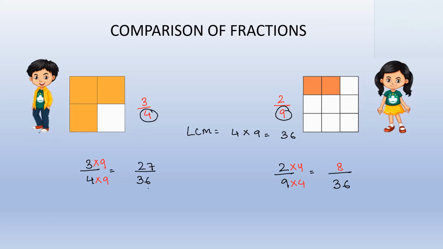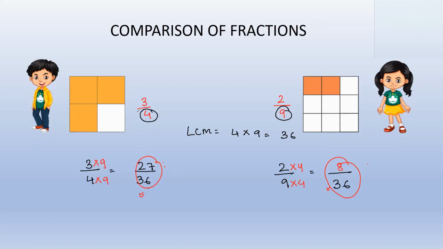Now, simply the first type. We know that since the denominators are the same over here, 36, we can only compare the numerators. The numerator in the first fraction is 27 and the numerator in the second fraction is 8. Which is bigger? 27 as a numerator is bigger.